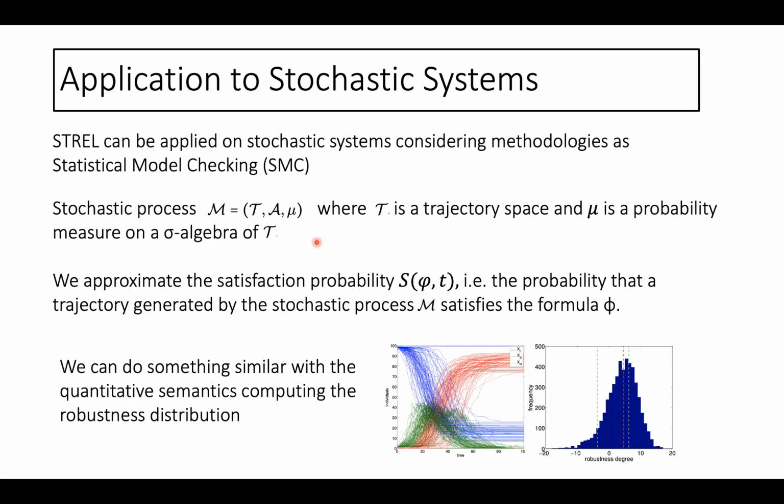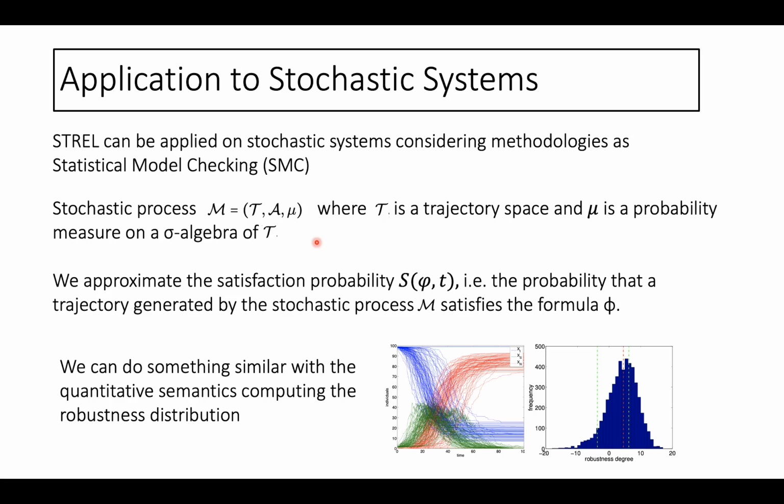So the idea is that a stochastic system, a stochastic process, can be described as the set of all possible trajectories that it has, so the trajectory space. And on this is defined a probability measure on a certain sigma algebra of the trajectory space. This is something that we cannot compute exactly, so what we have is an approximation.